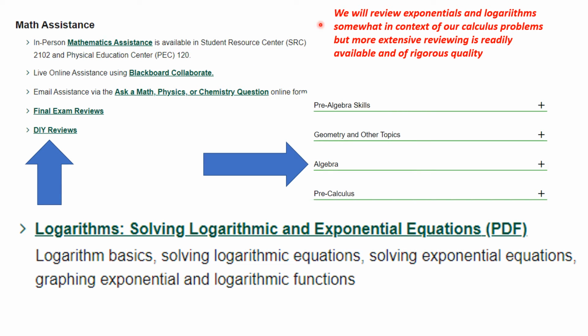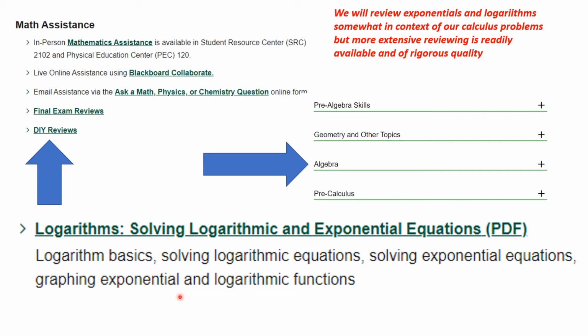Now, we will review exponentials and logarithms somewhat in the context of our calculus problems, but more extensive reviewing is readily available and of excellent, rigorous quality. The Math Assistance area has published DIY, that means do-it-yourself, reviews. You can go to the Learning Commons website and click on do-it-yourself reviews, and then click on algebra.